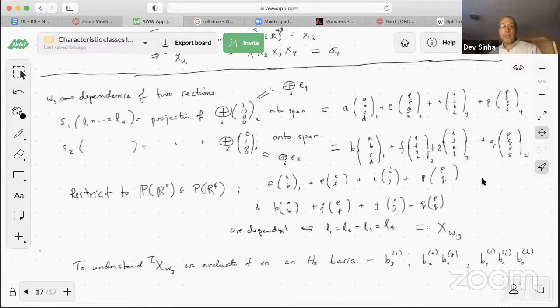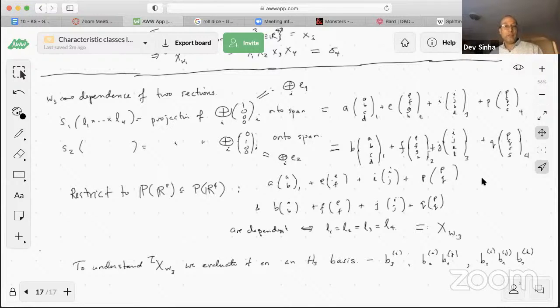Well, we see that they're dependent if and only if the ratio of B over A is that of F over E, is that of J over I, is that of Q over P. That means that those 4 lines were the same. Okay. So we went from the dependence of sections because we chose these special sections. We're able to find the conditions on the lines that give rise to dependent sections.